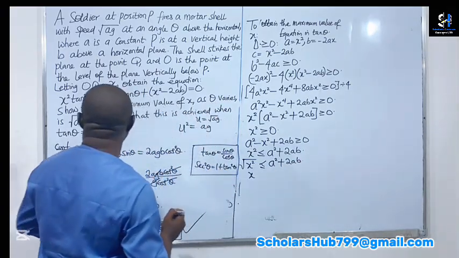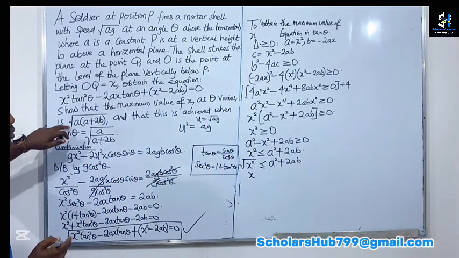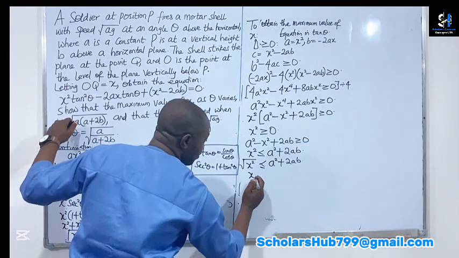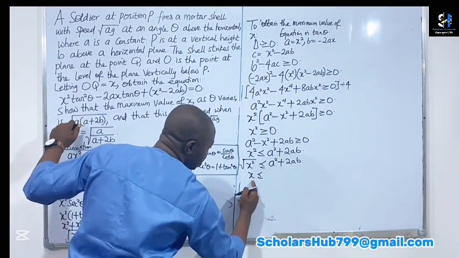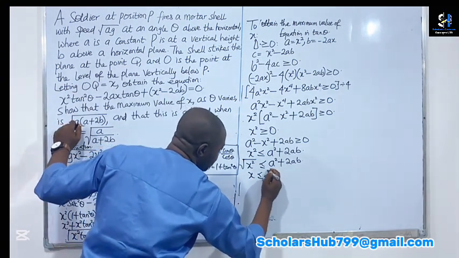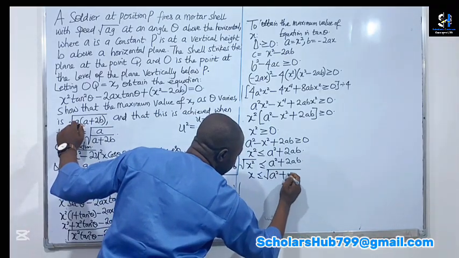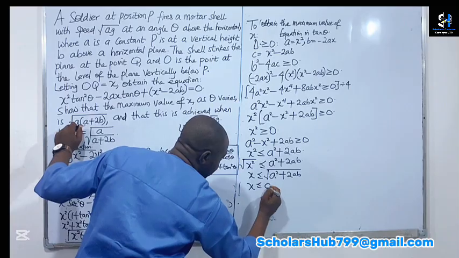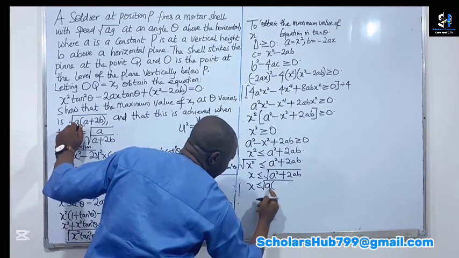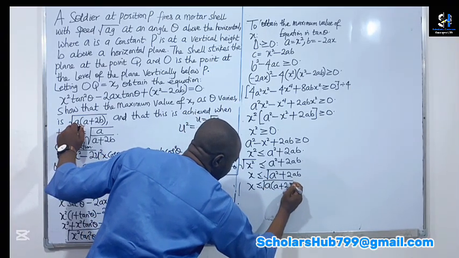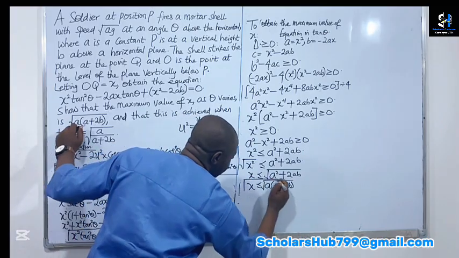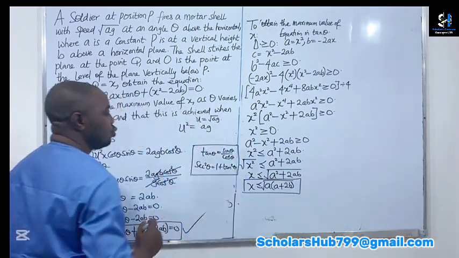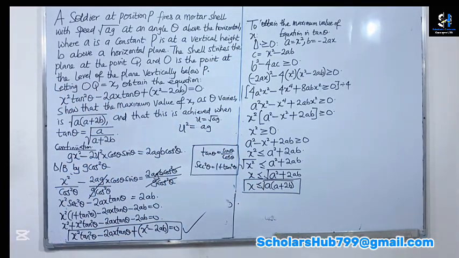Because we want to find the maximum value, the maximum value of x will be when x is less than or equal to the square root of a squared plus 2ab, which is the same thing as x less than or equal to the square root of a into a plus 2b. So this is the maximum value of x.